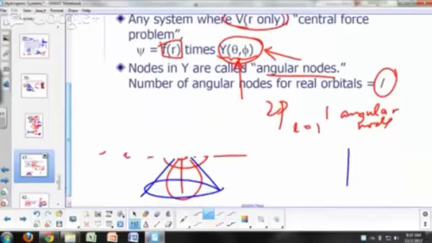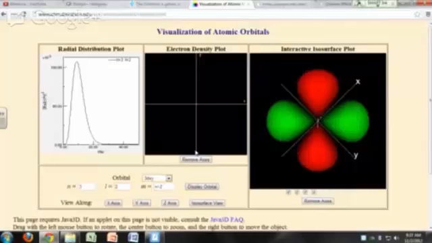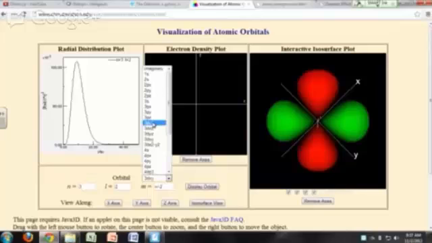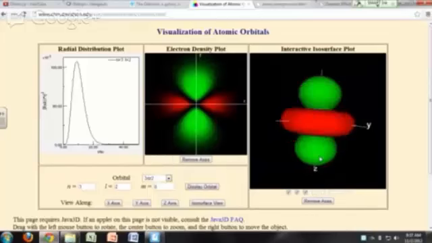What about a 3d z squared orbital? You're going to have L equals 2, so you have two angular nodes. Let's look at 3dz squared. There's your two angular nodes right there.